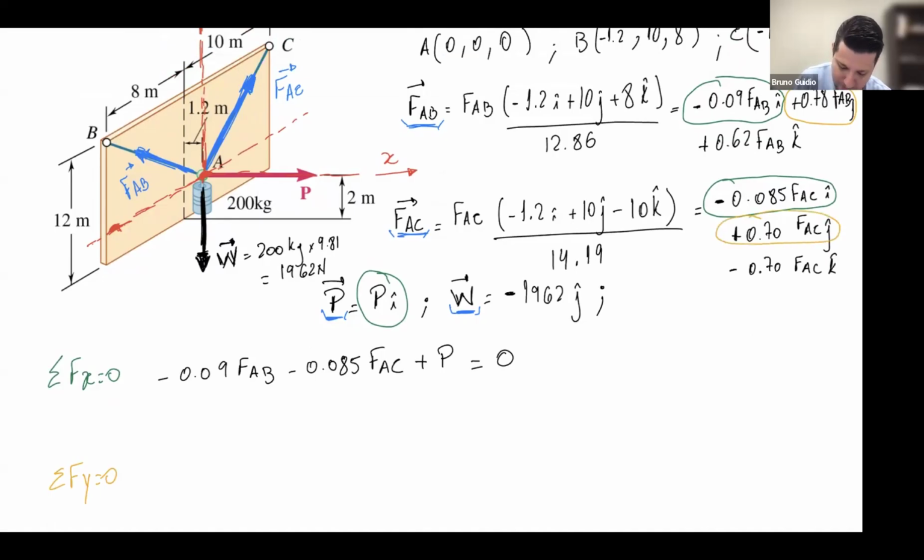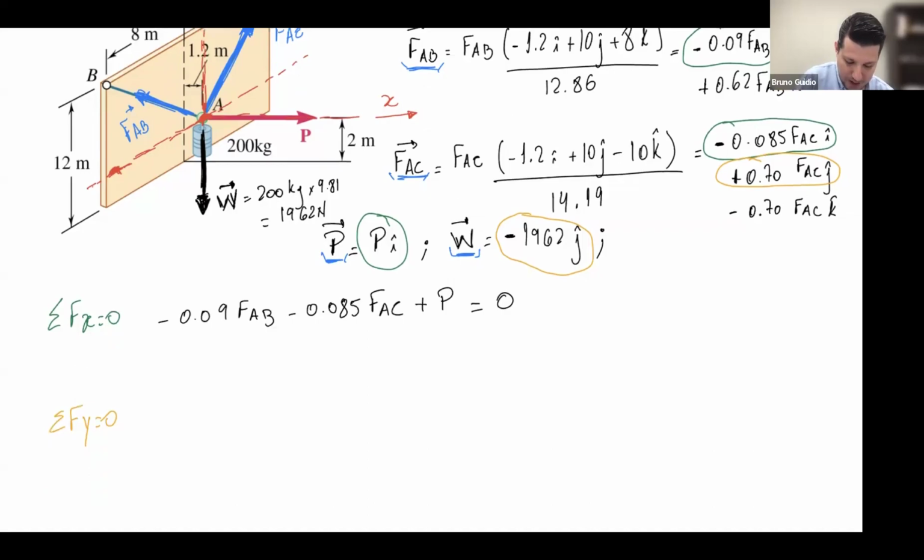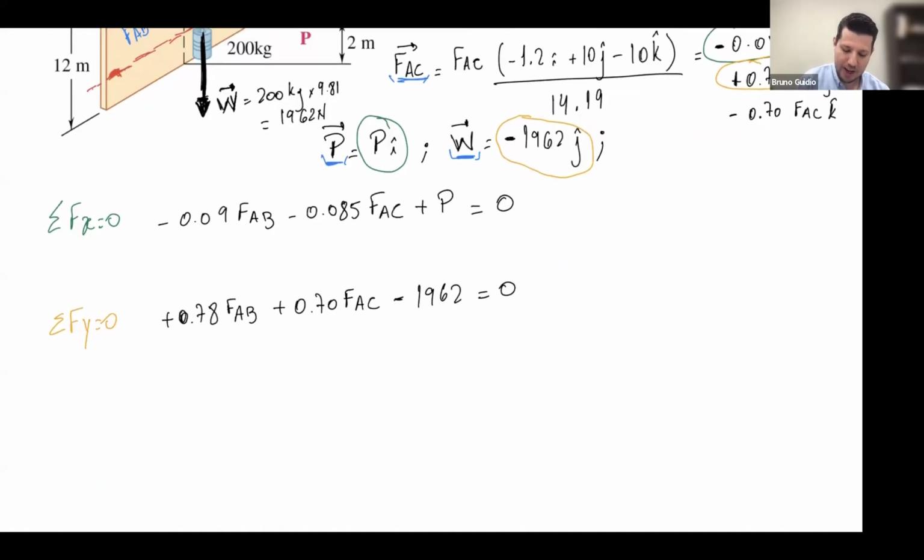For Y: 0.78 FAB, plus 0.7 FAC, negative 1962, equals 0. Right now I cannot solve it.